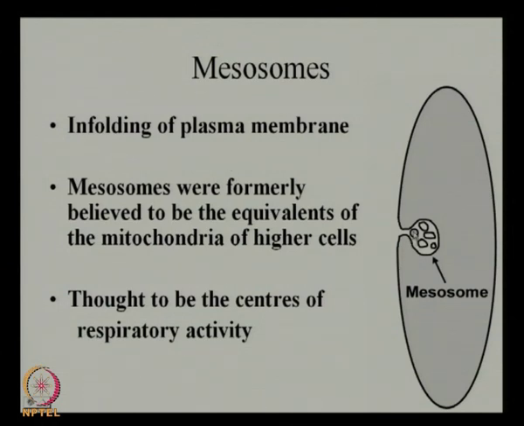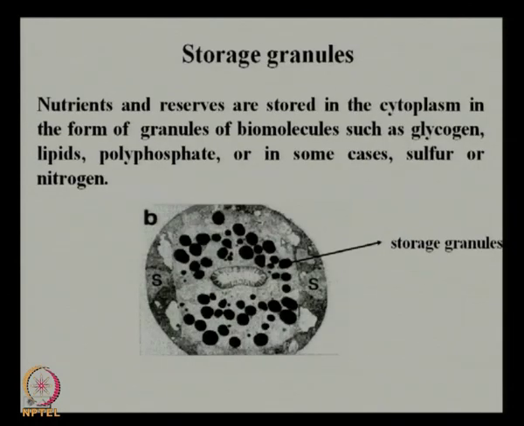Mesosome is the infolding of the plasma membrane of the cell. Mesosomes are formerly believed to be the equivalents of mitochondria of higher cells. It is thought to be the center of respiratory activities of the cell. Besides this mesosome, we have the storage granule.